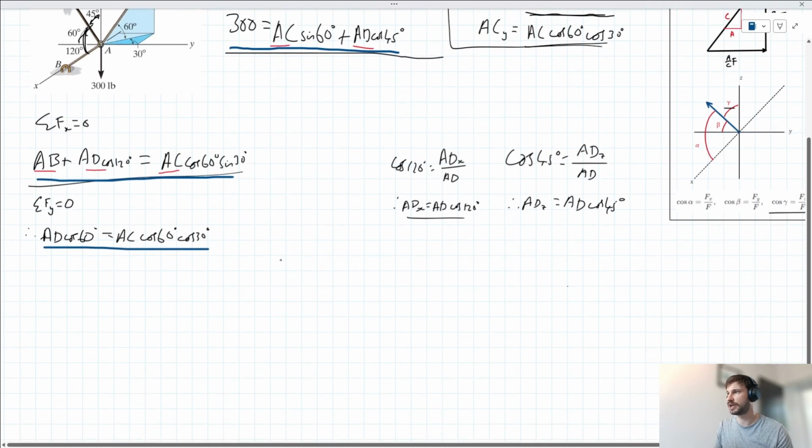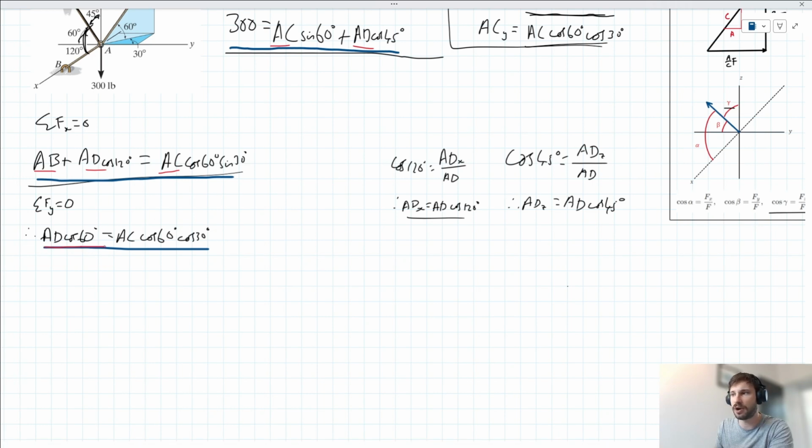I'm just going to scroll down here. One thing that I've noticed is that we can simplify one of our equations. So when we look at our y equation here, note that we can divide both sides by cos 60, so we can eliminate the cos 60s there. And that is going to leave us with AD is equal to AC cos 30, which is a really convenient idea here.